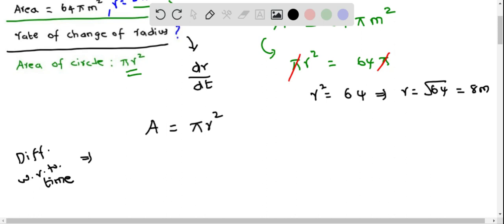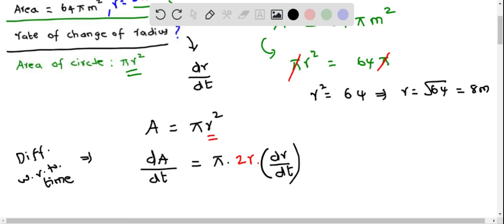So when I do that, if you differentiate area with respect to time, we get dA over dt. This is equal to, I keep the pi constant because it's just a constant, and then differentiate the r squared first, using the power rule, we put 2r, and then we have to differentiate the r alone using the chain rule. So when you do that, we get dr over dt.